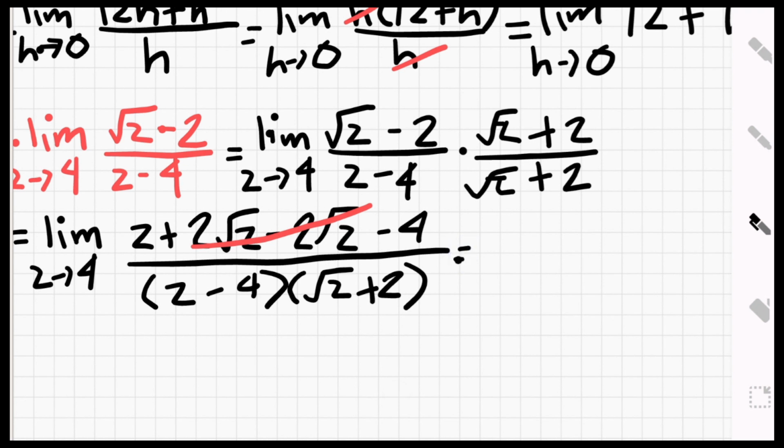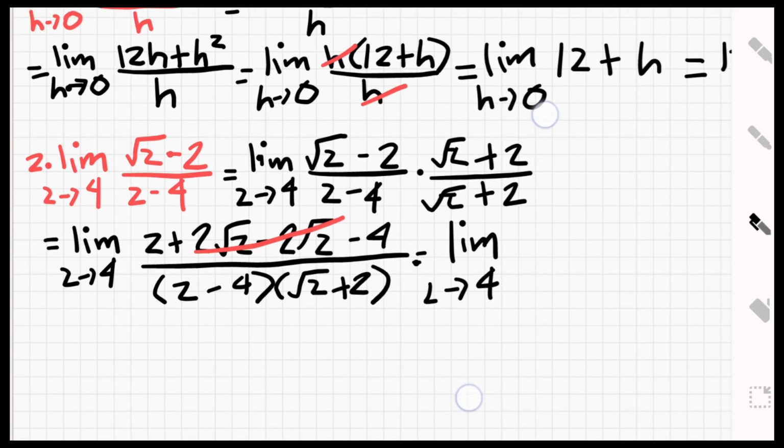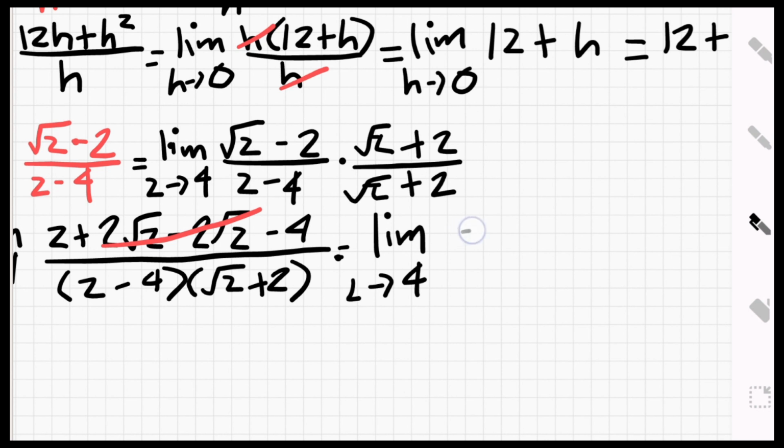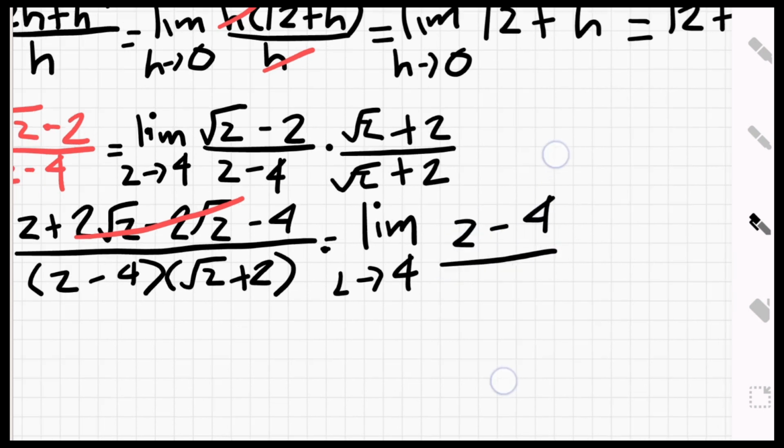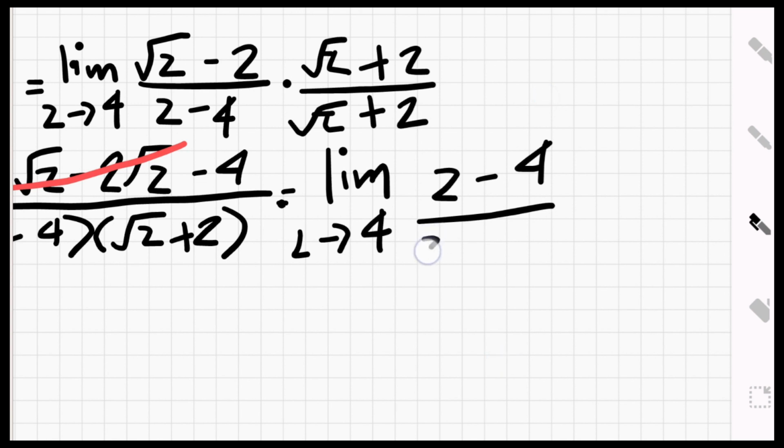So now we only have the limit as z approaches 4 of the expression z minus 4 over z minus 4 times the quantity of square root of z plus 2.